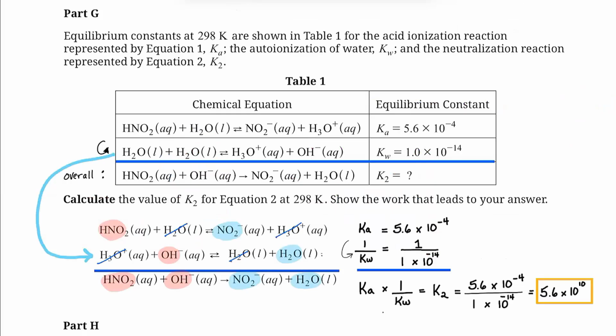Question 3, part G. What we're doing here is we need to calculate the K2 of a certain reaction, and all we have for this problem is 2 reactions above it that we know their equilibrium constants. That means that these two reactions, when manipulated, will give us the overall. It's the only way it works.